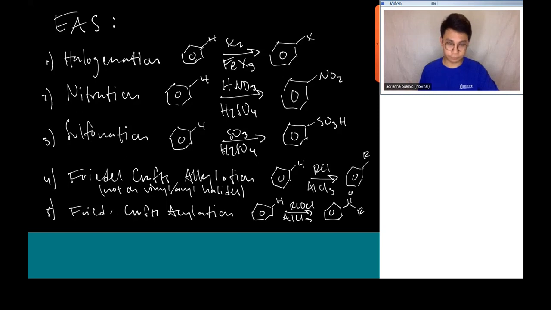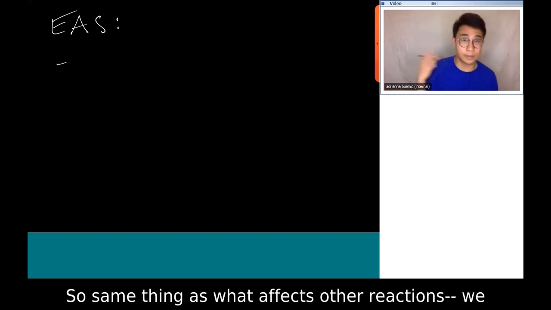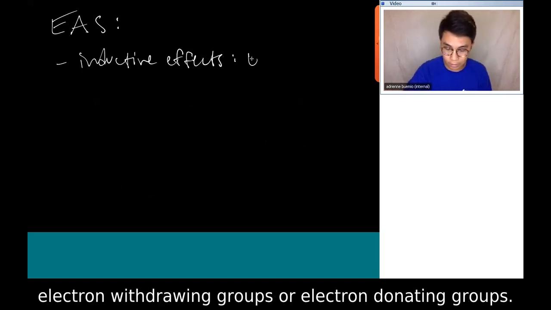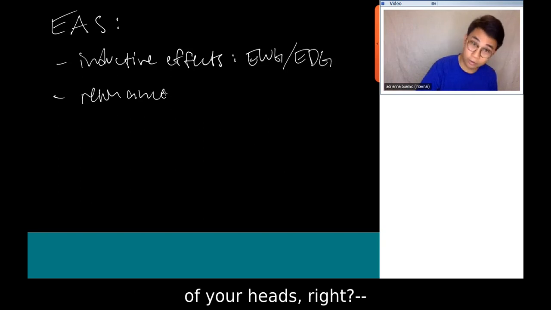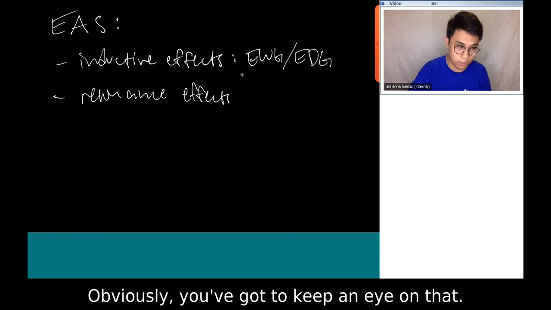Okay. Now, what affects these reactions? Same thing as what affects other reactions, right? We have inductive effects, so that means electron withdrawing groups or electron donating groups. Then resonance effects; resonance is always in the back of your heads, especially with these aromatics, so you're going to have to keep an eye on that.